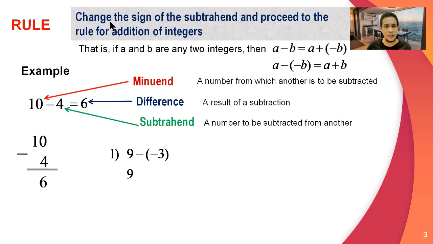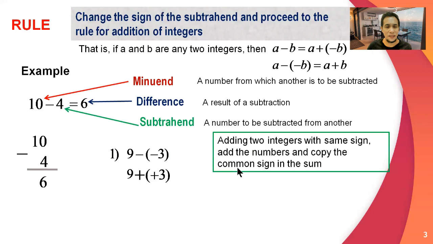We have to change the sign of the subtrahend and proceed to the rule for addition. Since this is subtraction, we'll proceed to addition. That's why plus. And since this is negative 3, we'll make it positive 3. So we are now adding positive 9 and positive 3. So the sum is equal to 12.